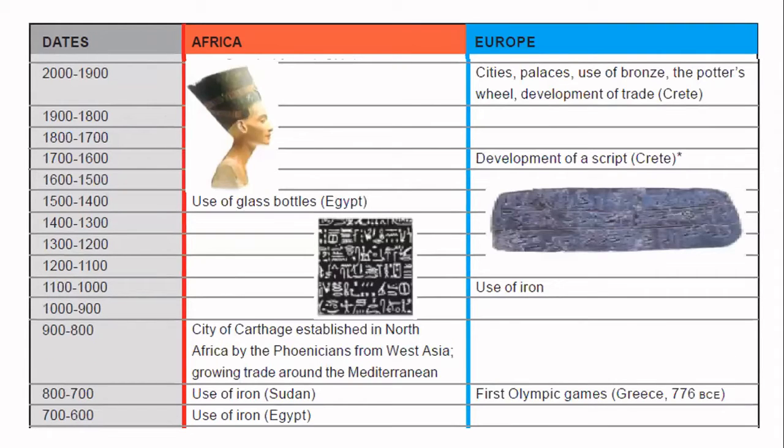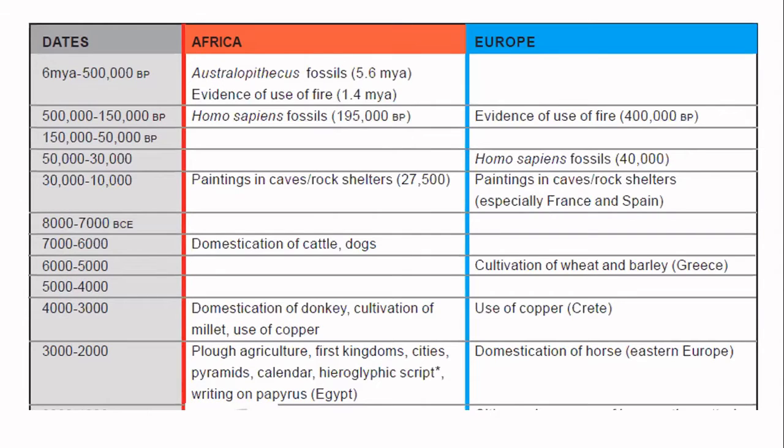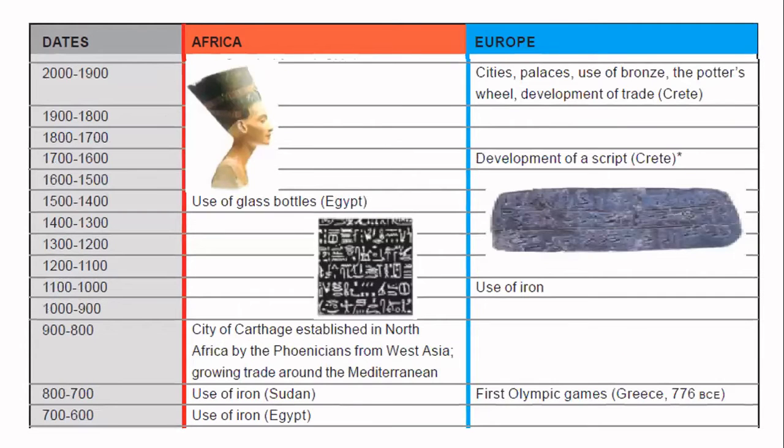Okay, so again in Africa, now the next we can see the use of glass bottles, which happens in Egypt 1500 to 1400 years ago.